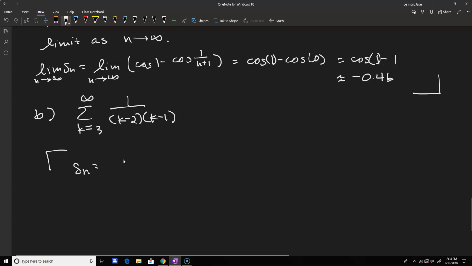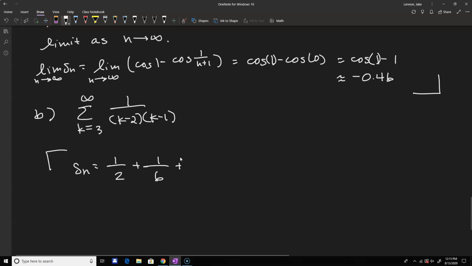Well, if you plug in 3, you're going to get 1 over, so this is just a 1, and then 3 minus 1 is 2, so we get 1/2. What's the second term look like? Well, we're plugging in now k equals 4, so we're getting 1 over 2 times 3, so we're going to get a 6 there.